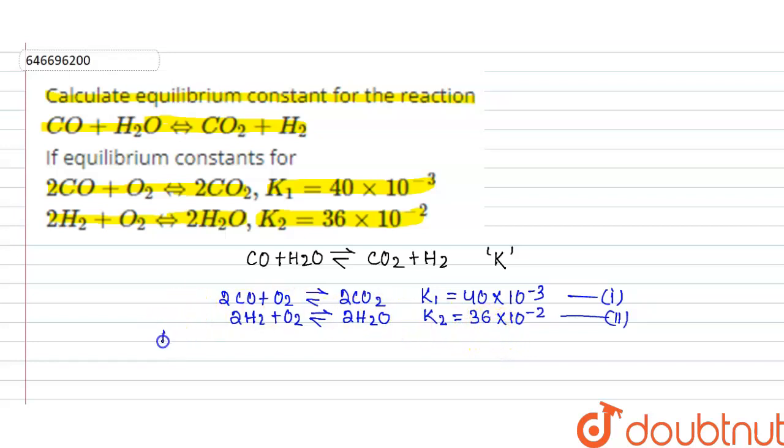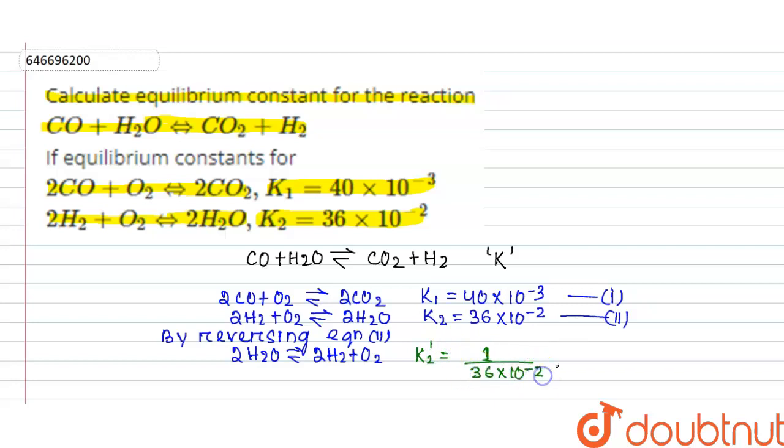By reversing equation 2, the equation becomes 2H2O gives rise to 2H2 plus O2, and the equilibrium constant will be 1 divided by 36 into 10 to the power minus 2. So this is now equation 3.